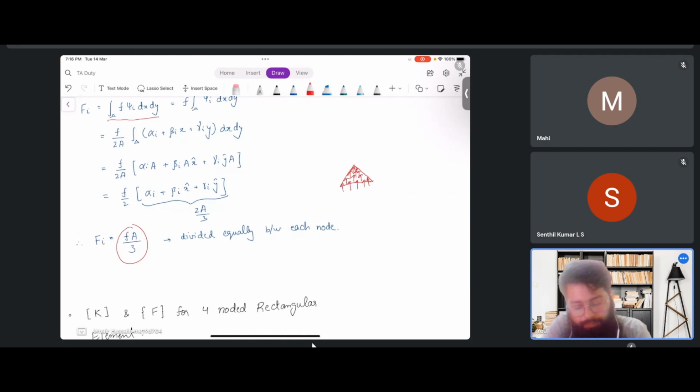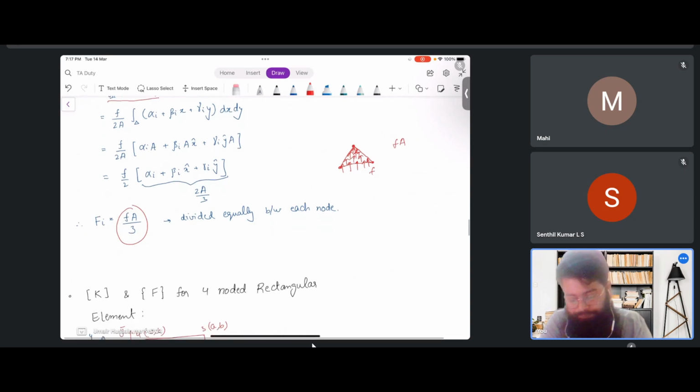You have this load distribution f on the entire triangle, and f times A is the total load acting on this area. So fA by 3 means this load is equally shared at each node, which kind of makes sense, right? The load is equally shared on each of the three nodes.